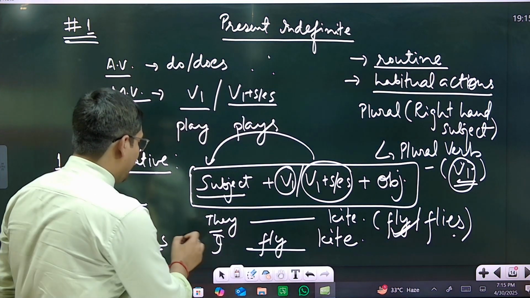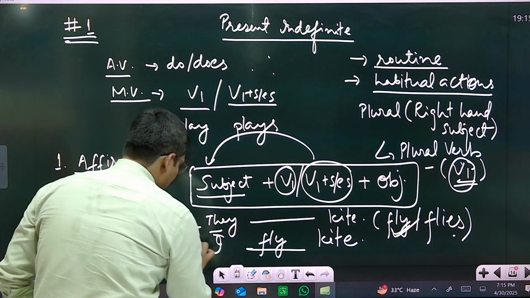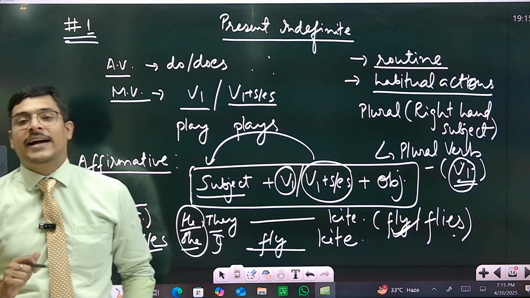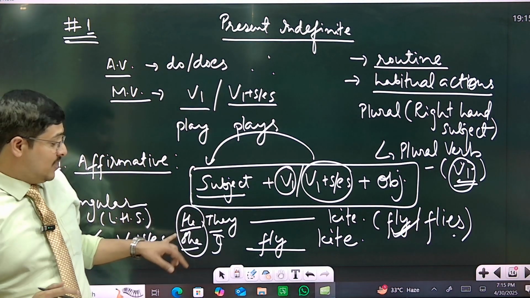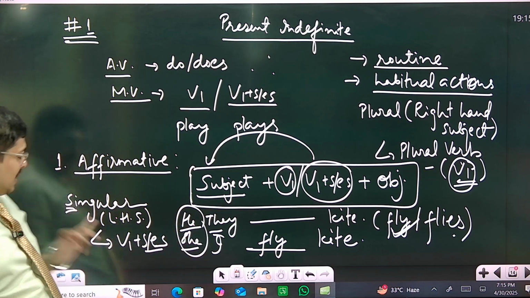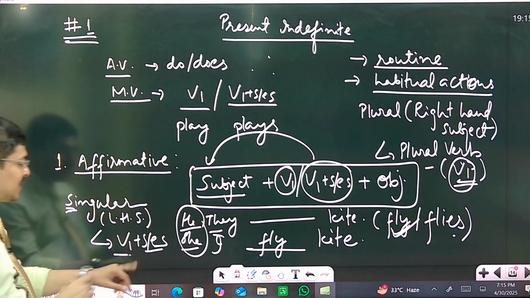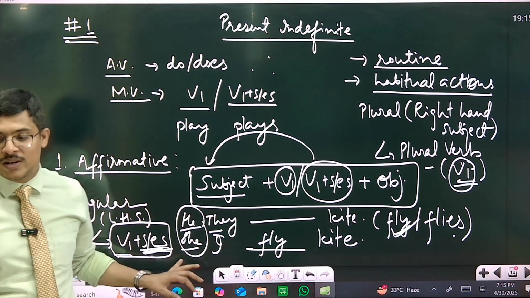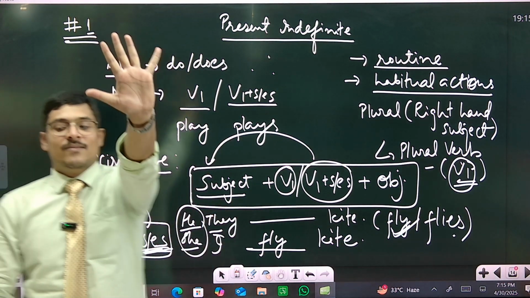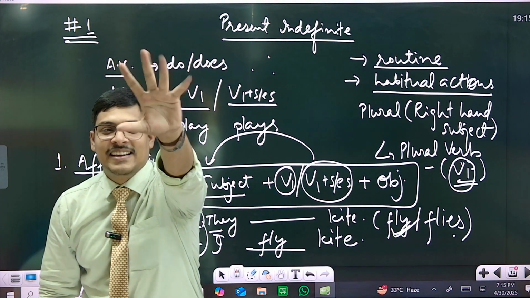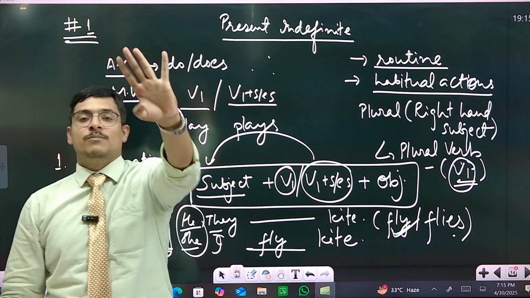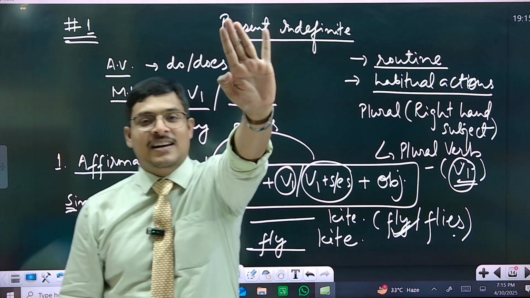At the same time, if it is he or she, this becomes singular subject. What shall we write? Now, it is alone. Singular subject requires singular verb. It means it requires extra support. So, what shall we write here? With left hand subject: he, she, it, any name. It can be Ram, Shyam, Sita, Gita, Mohan, Nita, Mita, Sunita. Any name.